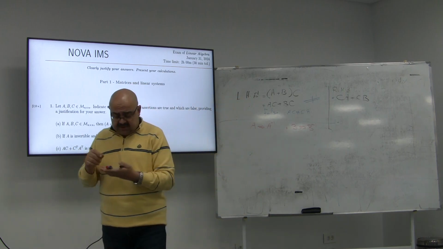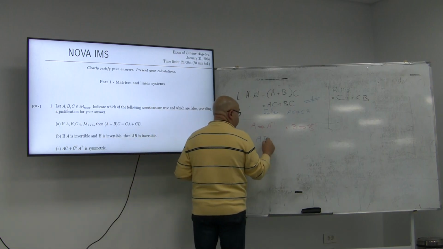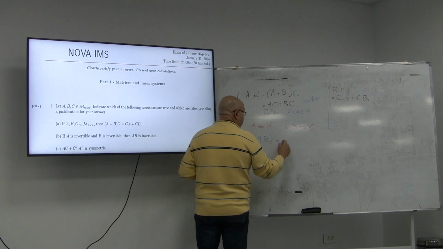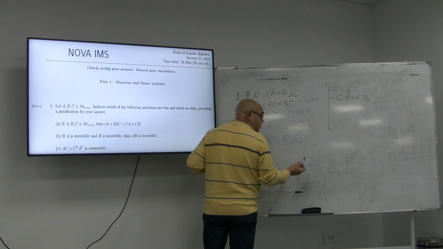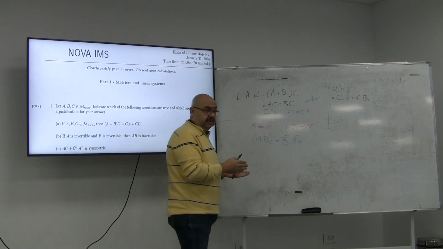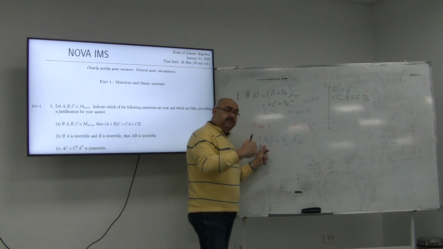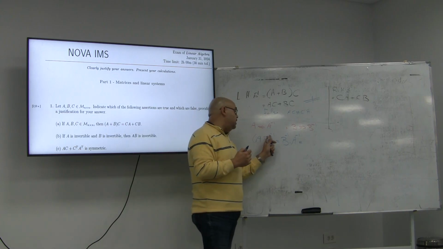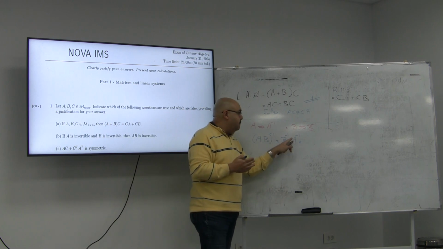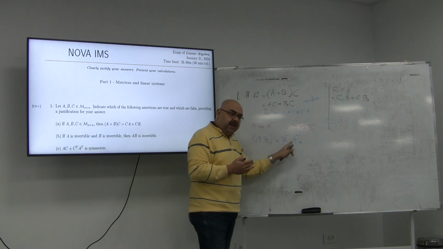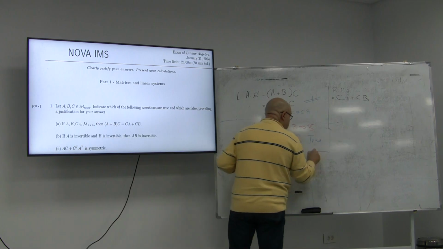For the matrix A times B, its inverse is going to equal B minus 1 times A minus 1, which already exists. So if A is invertible and B is invertible, then you can get the inverse of AB, because (AB) to the power of negative 1 equals B inverse times A inverse. So this statement is true.